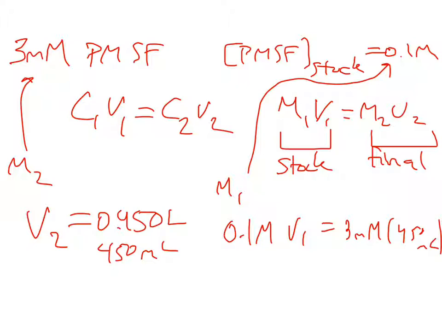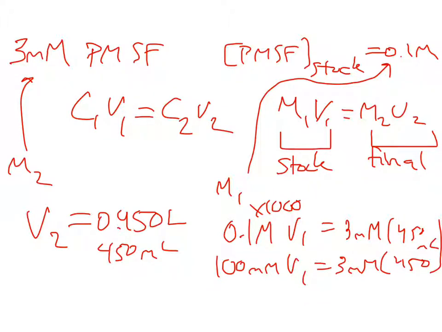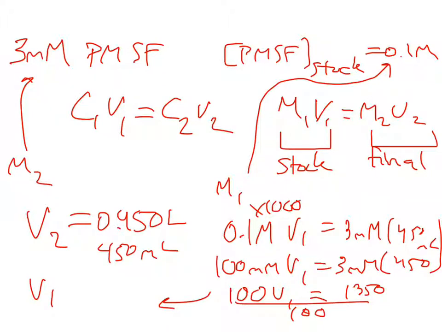So again, remember 0.1 molar is 100 millimolar, V1 times 100, equals 3 millimolar times 450. So if I solve this, 3 times 450 is going to be 1350 equals 100 V1. So that means our V1, divide by 100, 1350 divided by 100, it's 13.5, correct? Yeah.